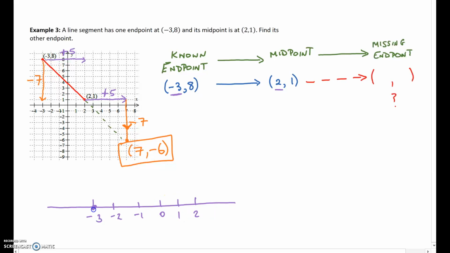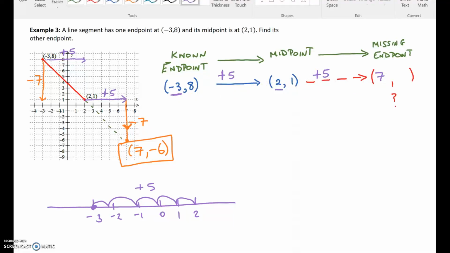So from -3 to 2, 1, 2, 3, 4, 5, plus 5. So to go from -3 to 2, we have to add 5. If we added 5 to our x's, we'll add 5 to our x's here as well, and 2 plus 5 gives you 7. Whatever you do to the x's, keep it with the x's.